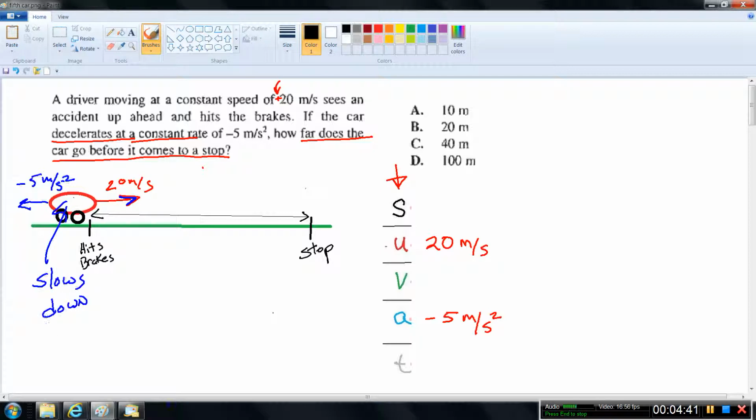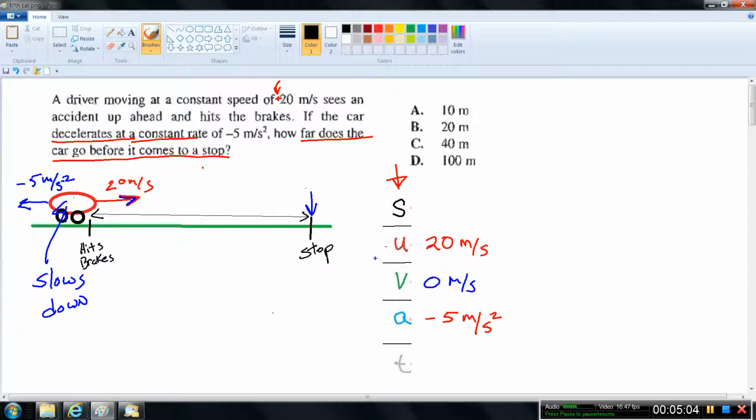Okay, so that's what is happening here. And then we need one more bit of information. If the car decelerates, how far does it go? The last bit of information is going to be our stop, so our final velocity will be 0 meters per second.